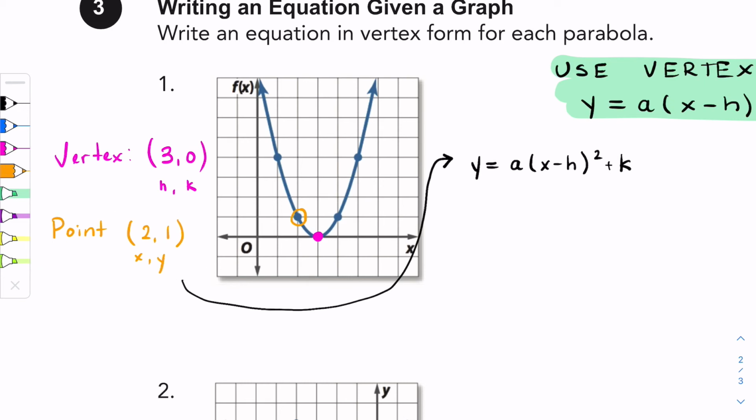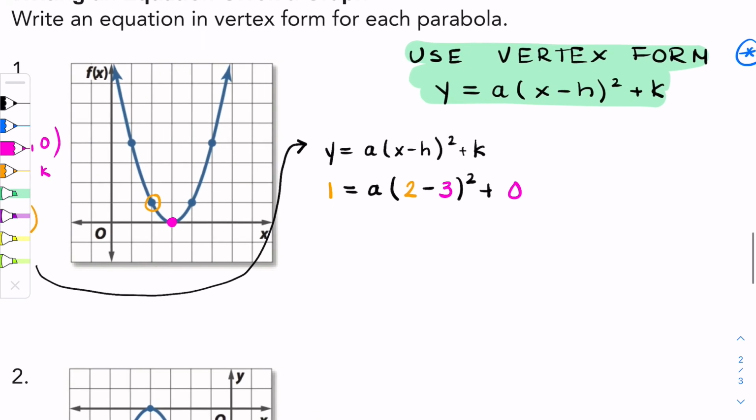So we're going to substitute 1 in for y. 1 is equal to our a value, and then our x value is 2 minus the h value of 3, plus our k value of 0. I need to simplify and I need to solve for a.